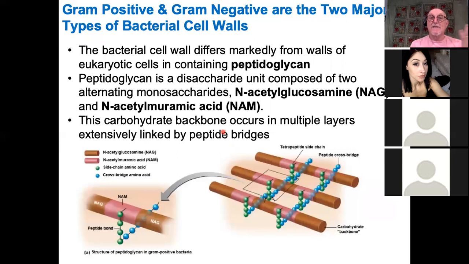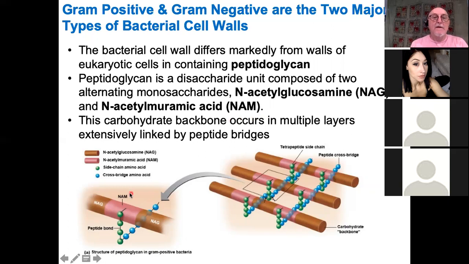So let's have a look at what makes up the cell wall itself. It is made of a substance called peptidoglycan. That's an important name you must remember. It's made up of saccharide units which are joined together: one called N-acetyl glucosamine, the other N-acetyl muramic acid, NAG and NAM.